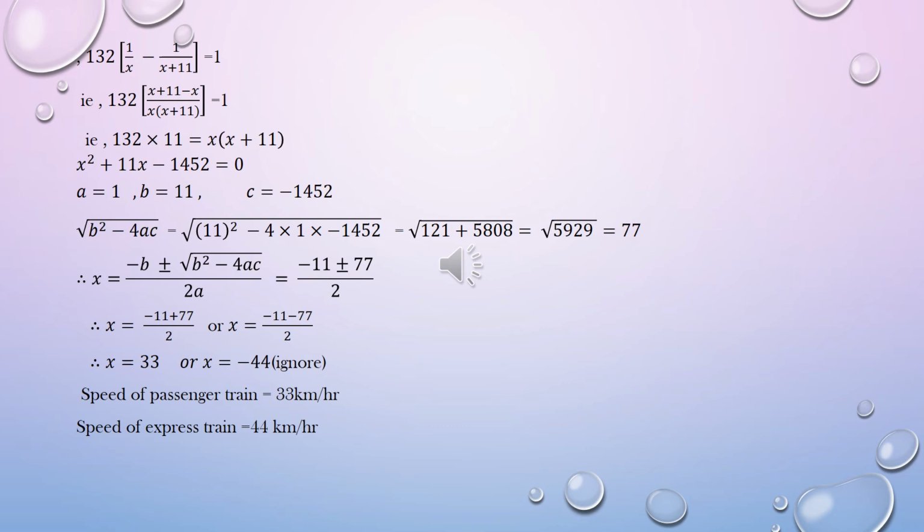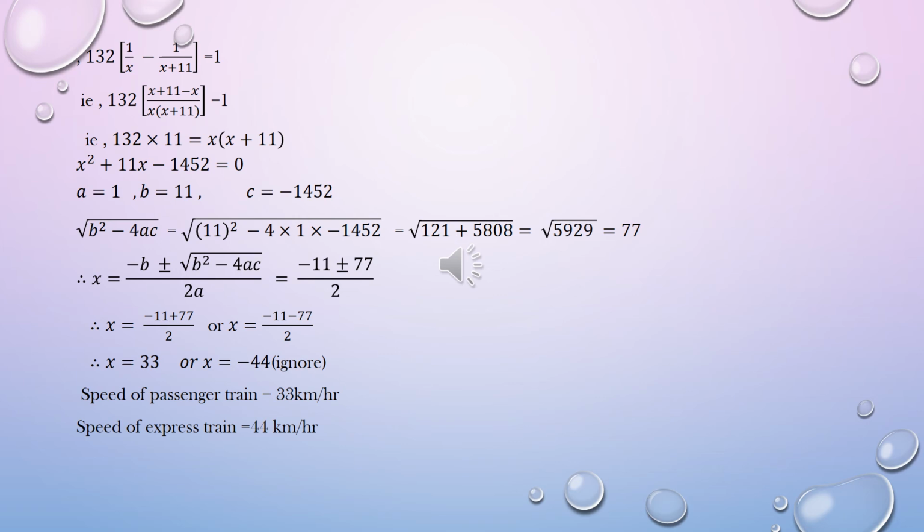Cross multiplication within the bracket, we have 132 into x plus 11 minus x by x into x plus 11 is equal to 1. x gets cancelled and we have in the numerator 132 into 11, and in the denominator we have x into x plus 11.